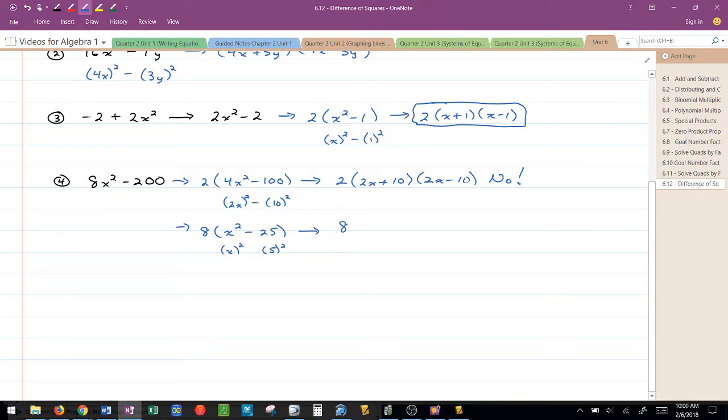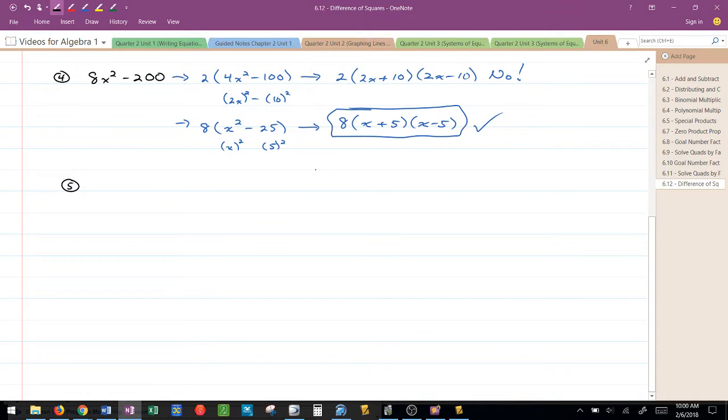So now this will factor to 8 times x plus 5 times x minus 5. All right, this is the correct factorization. Even though the previous one worked, this is the one that we must factor to. All right?